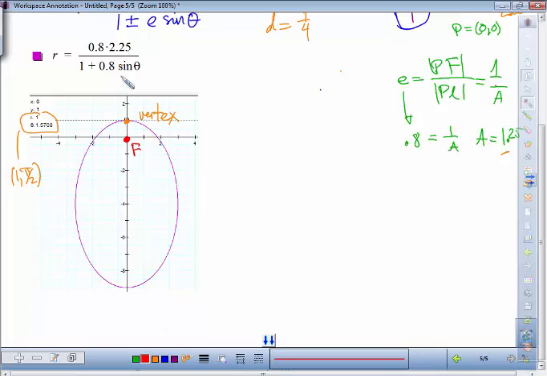And I didn't make room for the directrix, but the directrix is up here somewhere. Okay. And if we want, we can also turn this into parametric equations if we want to trace this out somehow, some way.